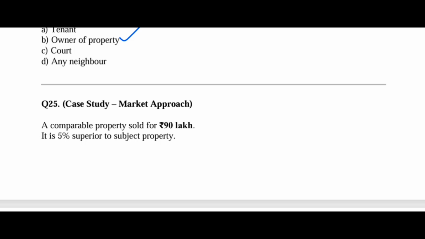A comparable property is sold for 90 lakhs. It is 5% superior to subject property. So what would be the value, adjusted price? We discussed a similar question above. So the answer would be 1.05, because 100% is 1 and 5% superior is 105%.